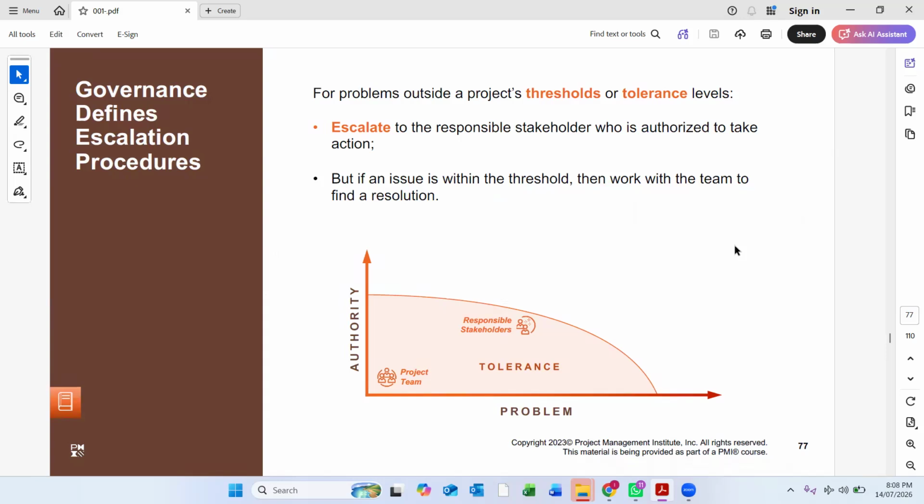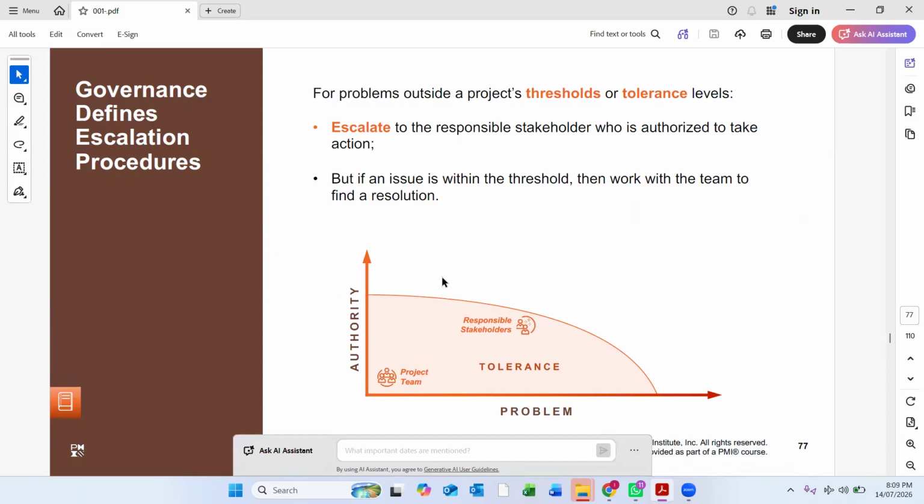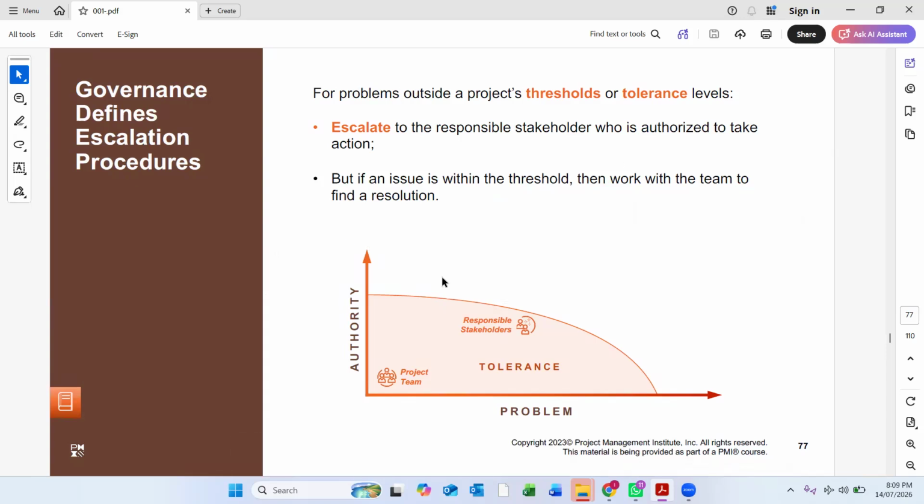Now, escalation procedures: how we escalate problems in terms of authority. In this graph we can see problems and authorities.